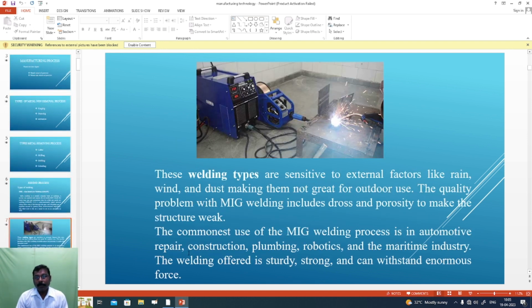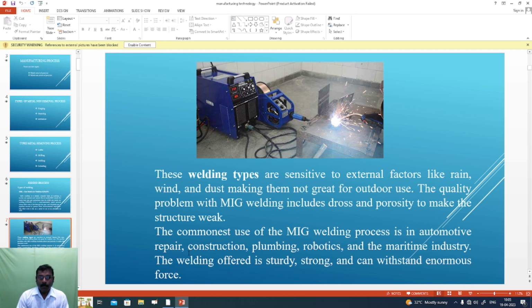These welding types are sensitive to external factors like rain, wind and dust, making them not great for outdoor use. The quality problems with MIG welding include rust and porosity that make the structure weak.